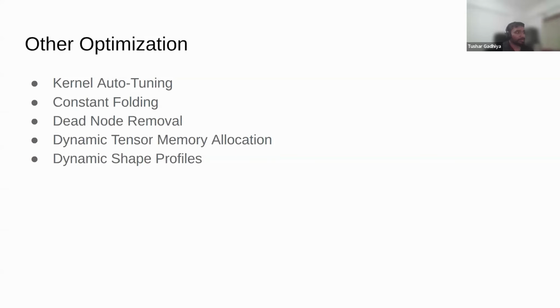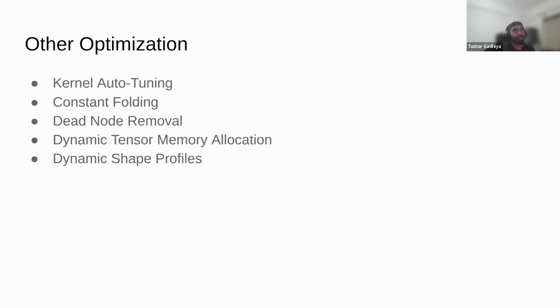There is something called dynamic tensor memory allocation, which means that instead of pre-allocating memory for all the intermediate tensors, you can share memory between tensors that you will not be using at the same time. The final one is dynamic shape profiles. You get a really good optimization if your input size is static.